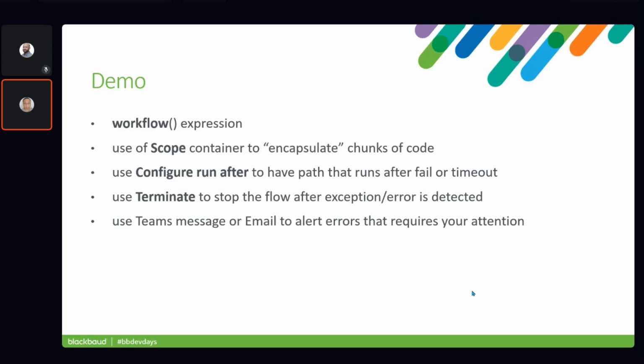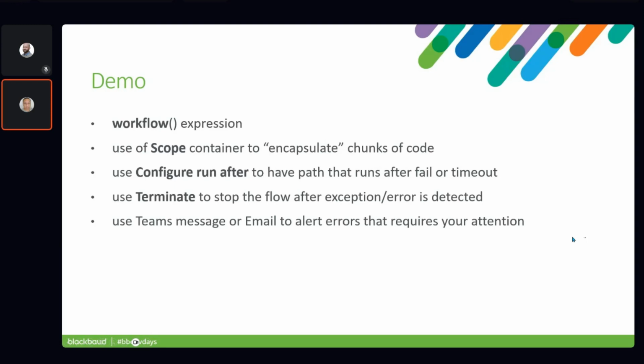So we're not always just waiting within the flow or just running through the flow, even though we have some errors that will cause subsequent actions to fail also. So we'll take that into consideration. We'll also take a look at maybe using Teams messages or sending email to alert you of errors that require your attention. And we'll go into each one of those a little more.